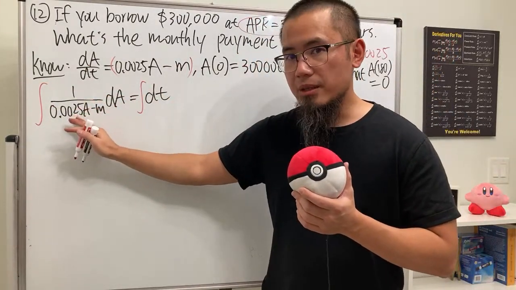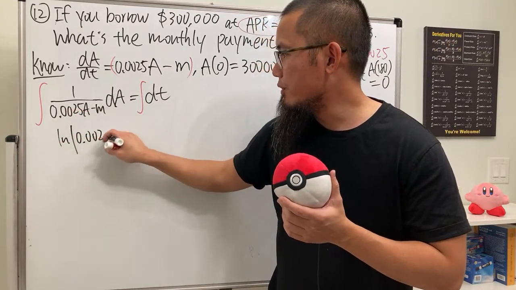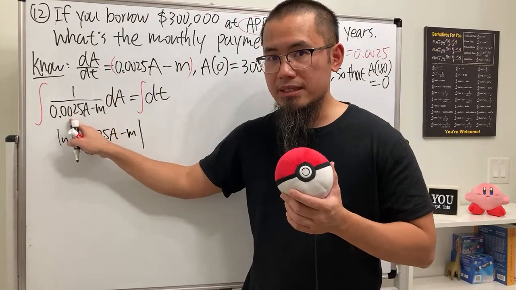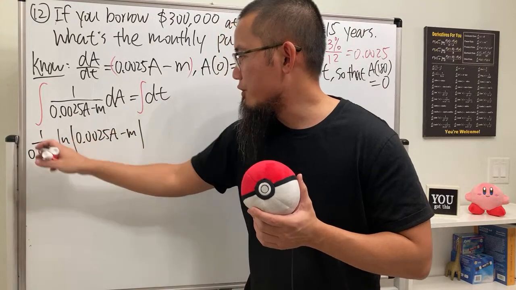This is linear on the bottom, so we get ln, absolute value of 0.0025 A minus M, divided by this number, which is 1 over 0.0025, like this in the front.